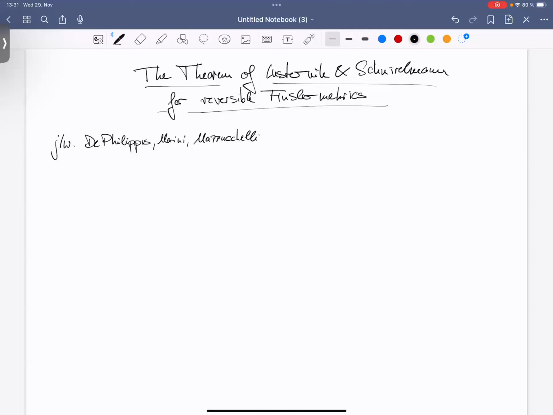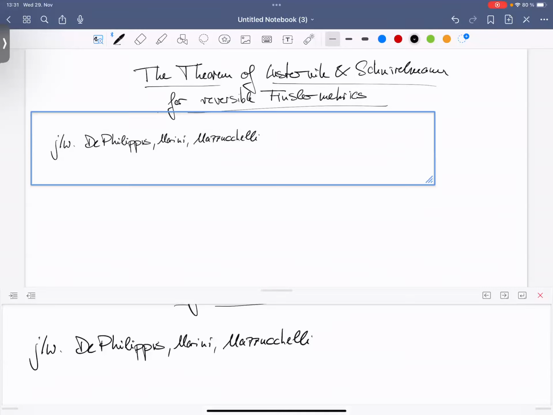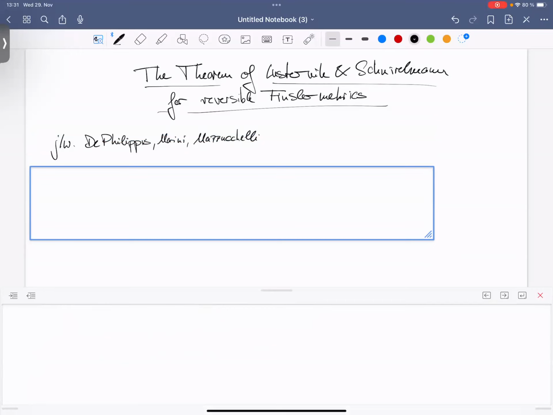Today I'm talking about something very classical, the theorem of Lusternik-Schnirelmann. Let me state it real quick. Already in the form I want to show you, but I can then discuss what it says.